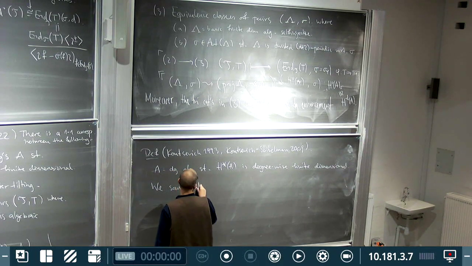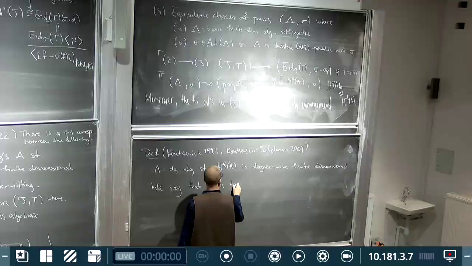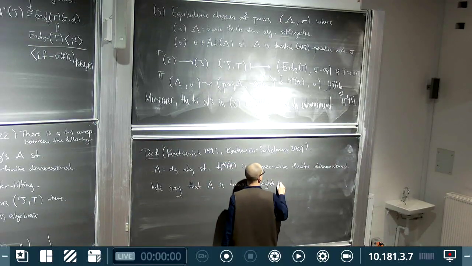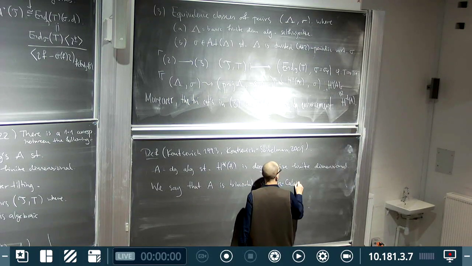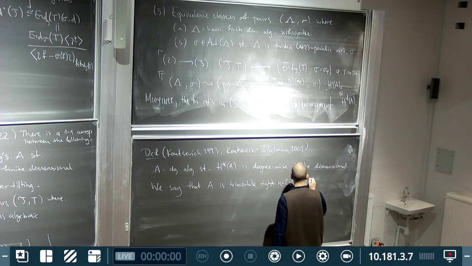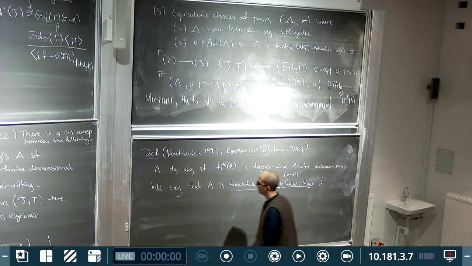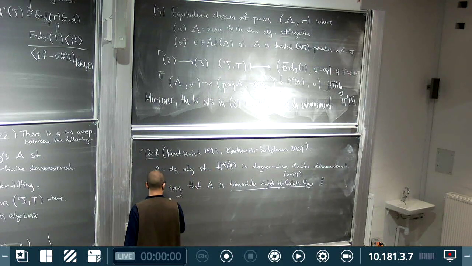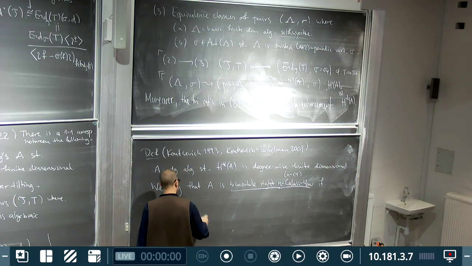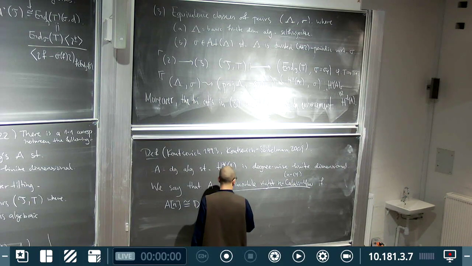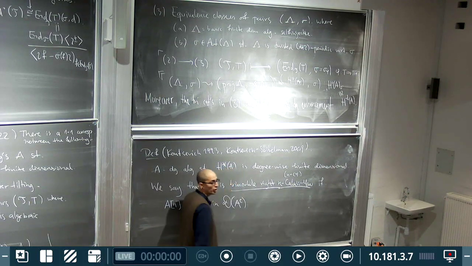We say that A is bimodule n-Calabi-Yau, or n-CY, if A shifted by n is isomorphic to the dual of A in the derived category of DG A-bimodules.